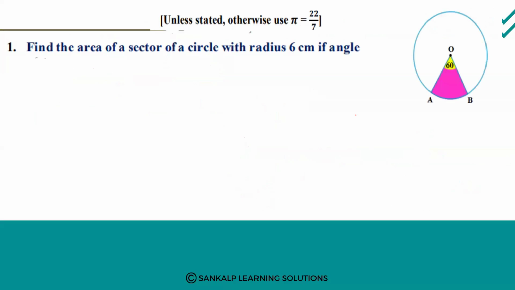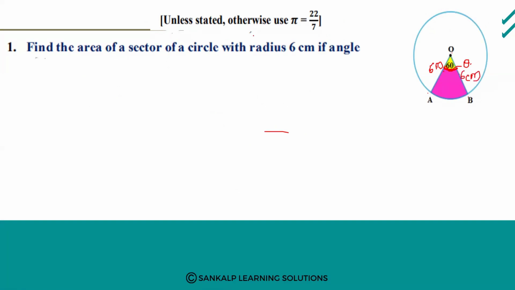Next. Find the area of a sector of a circle with radius 6 centimeter. In this diagram, they have given angle theta as 60 degrees and radius 6 centimeter. OA and OB are the radii of this circle and these two radii are equal, so this is also 6 centimeter and this is also 6 centimeter.